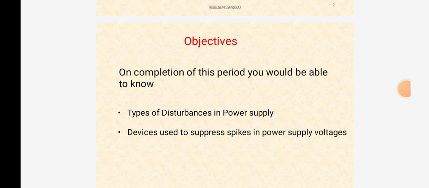Now here we have a few applications of power electronic circuits. Thyristors were widely used in many applications in the fields of power electronics.